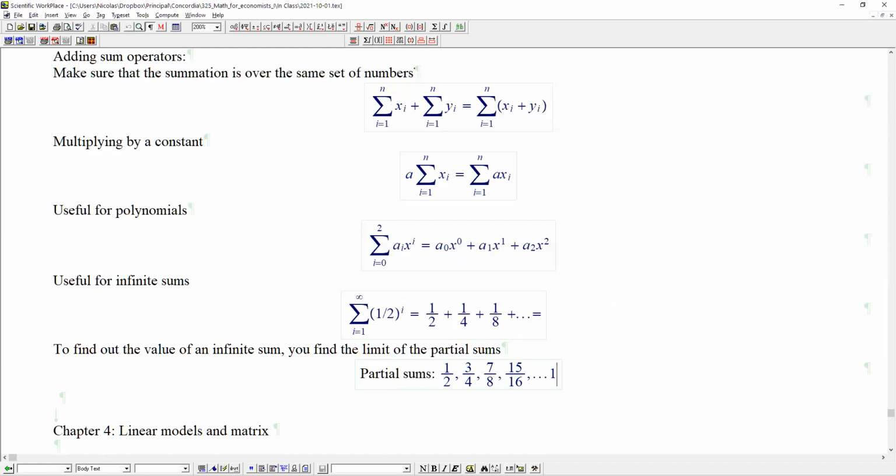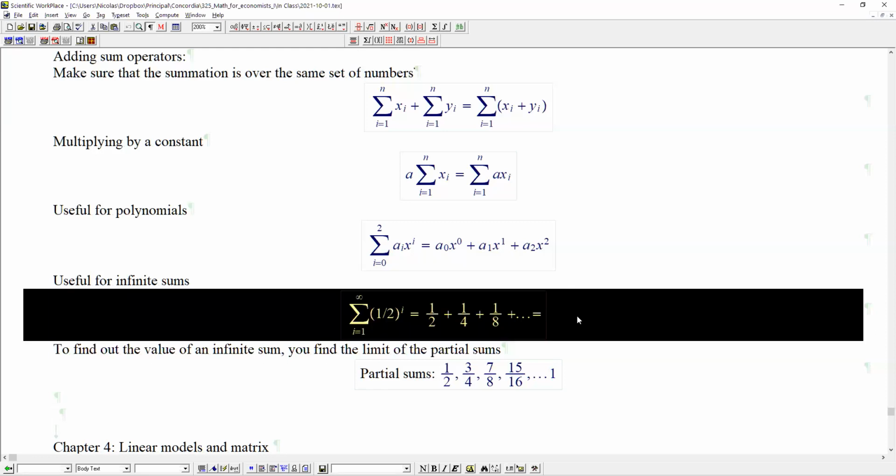So n minus 1 divided by n. No, I don't think that's exactly right. Yeah, it's 1 over 1 minus n. Okay, let me do it quickly. So how do I find out when I have, well, okay, no, we'll see that later.